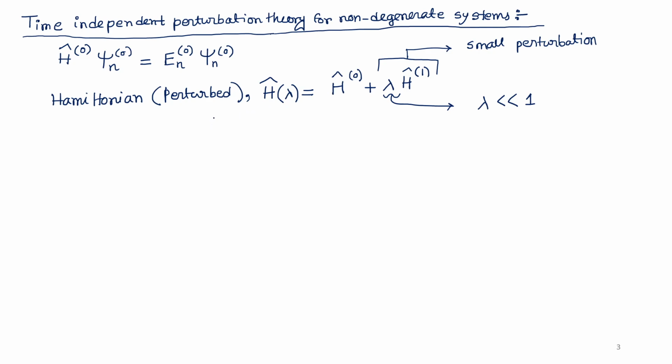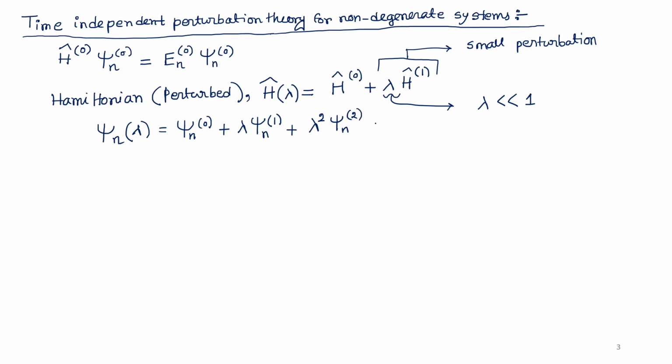Now what will happen to your energy and wave function? Suppose this is your wave function; it will also be dependent on lambda. When there is no perturbation it is one thing, and then when there is some perturbation, it will follow a power series of lambda, which is something like this, and it will go on.